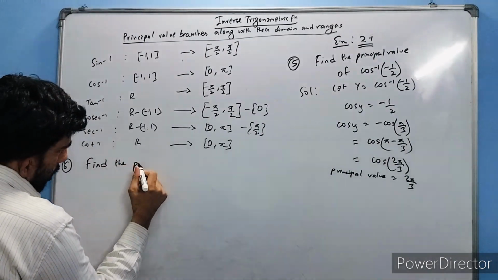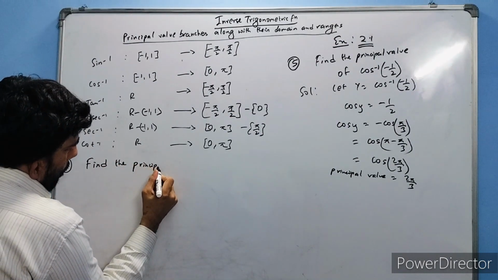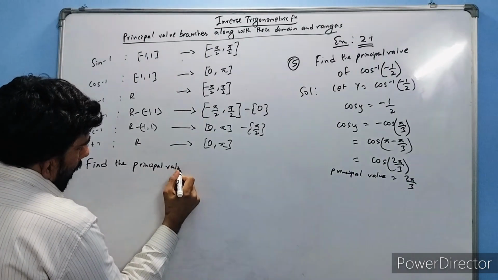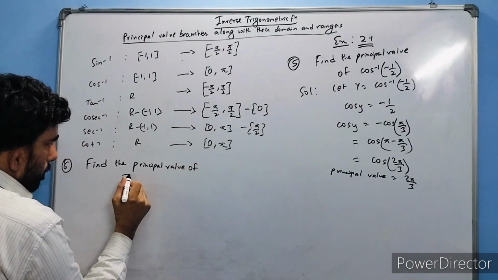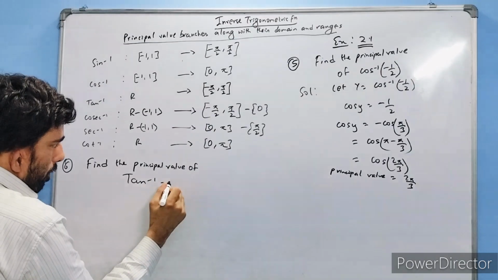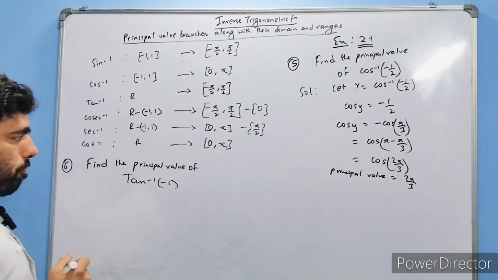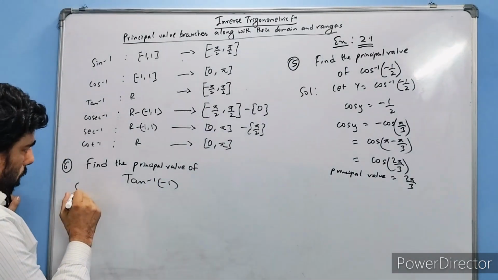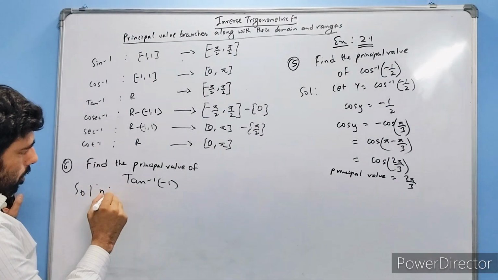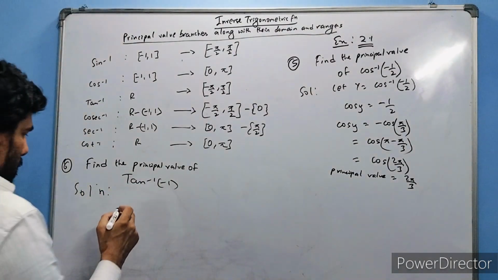How can we find it in a very simple way?